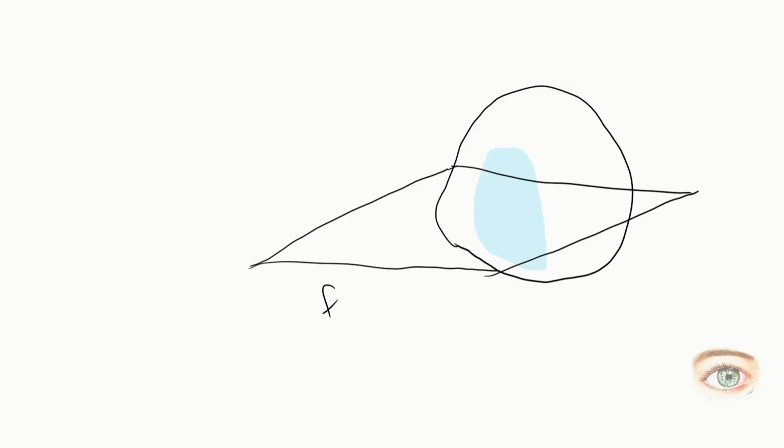If it is 50 centimeters, my eye is going to put in accommodation of 2 diopters. Now, how did I calculate it? The formula is quite simple: D is equal to 1 over F, where I can convert the focal length into diopters.